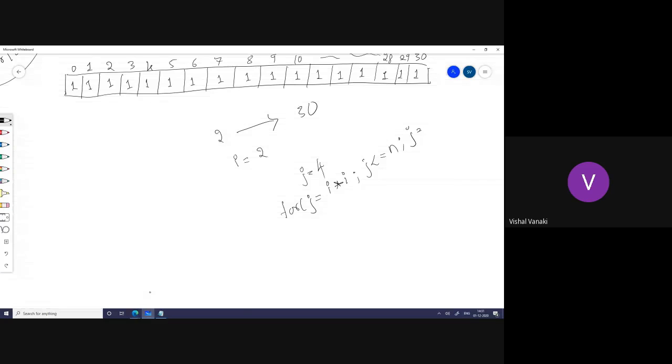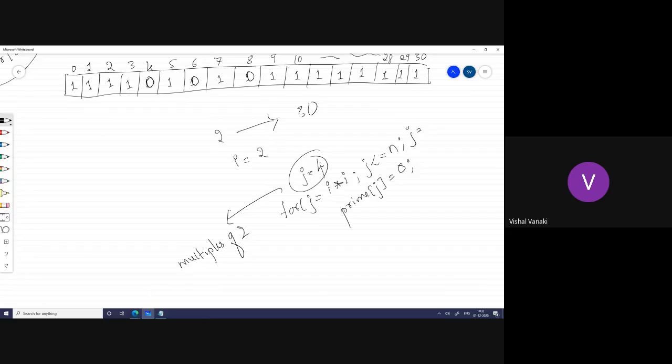So what I have to do is fill all these array elements with the index j as 0, because j will give me multiples of 2. So this element will be made 0, this one will be made 0, this one and this one.